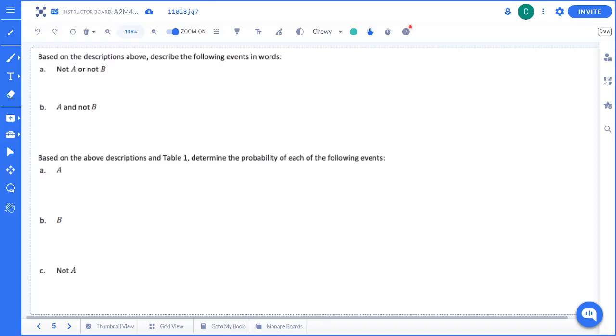And or not B. So or not B would be what? B was talking about playing after school or being in after school events. So if it's not B, that would be a male or someone who does not participate. So I'm just going to put not participate.